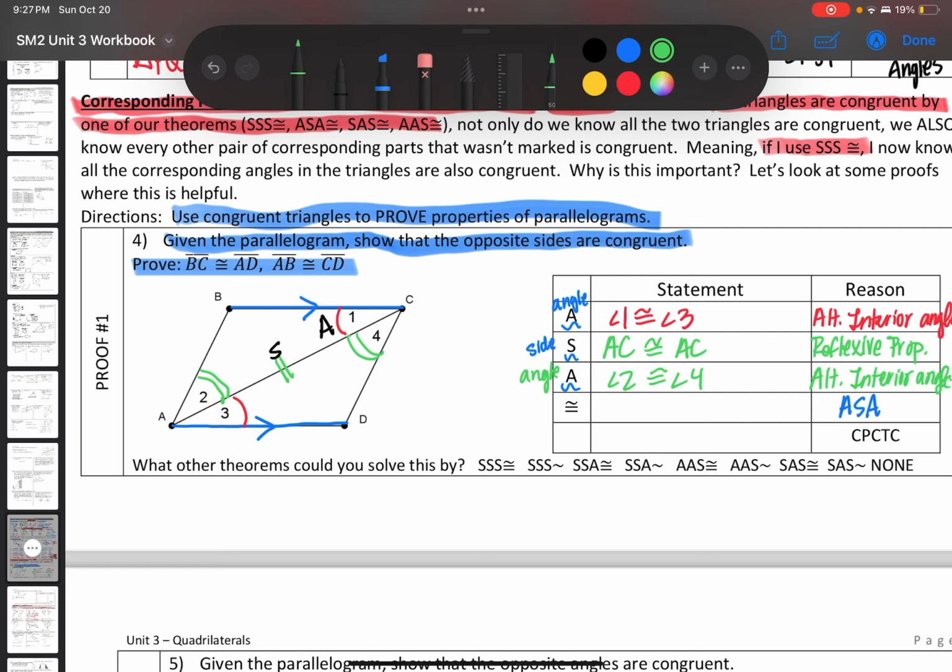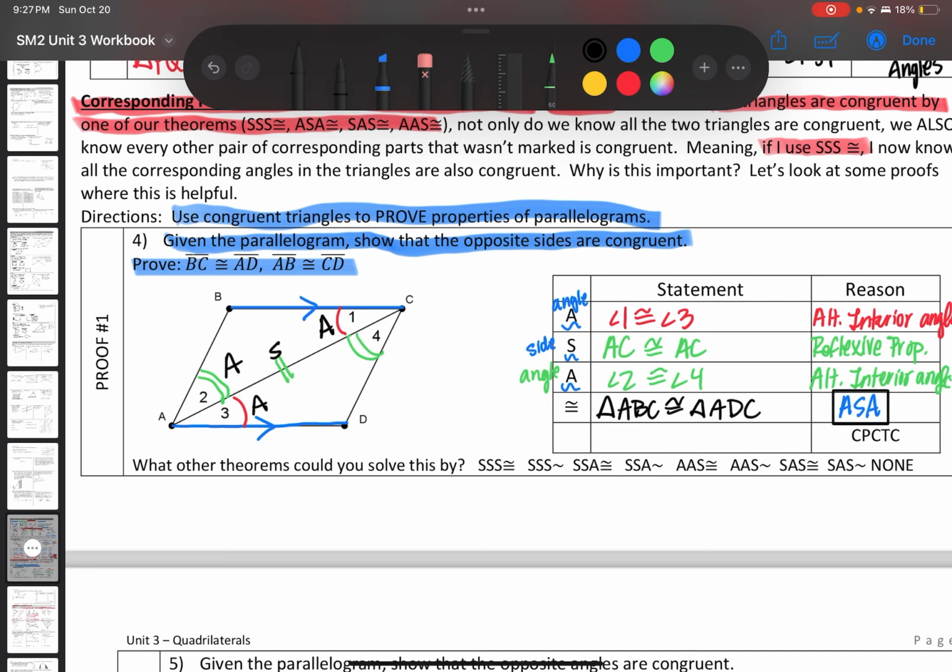So we've got two sets of angles that are congruent and one side that's congruent. We just showed that these two triangles are congruent. Triangle ABC is congruent to triangle ADC by angle, side, angle. Sweet, we just proved it.